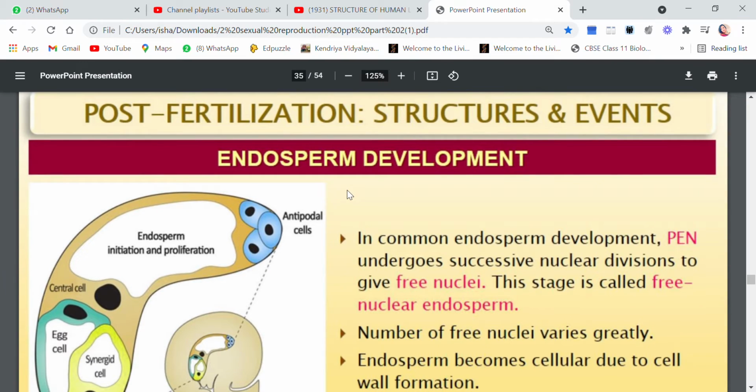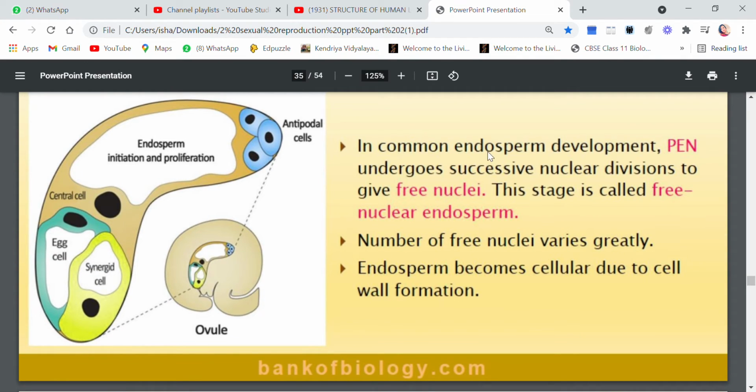So children, in common endosperm development, PEN undergoes successive nuclear divisions to give free nuclei. Now you have to understand that whenever we say division, there are two types: one is karyokinesis and the other is cytokinesis. When endosperm is getting developed, the PEN, that is primary endosperm nucleus, at the center will undergo successive nuclear divisions.